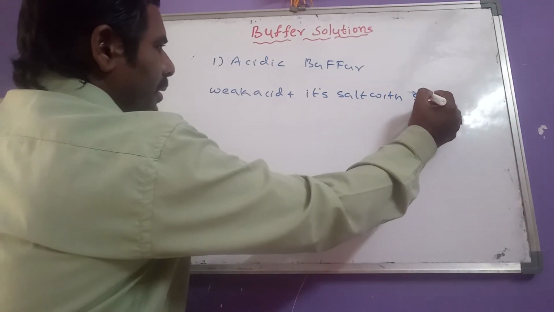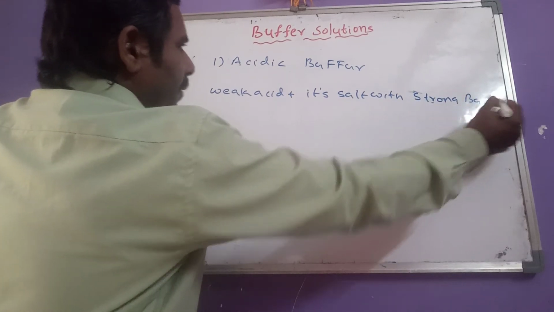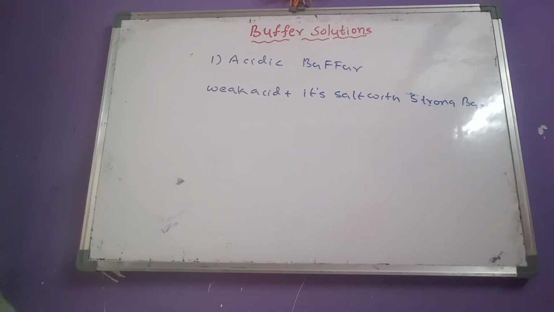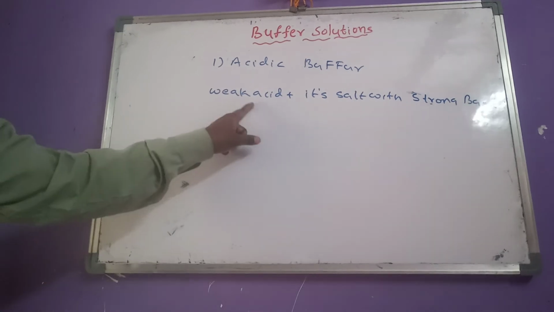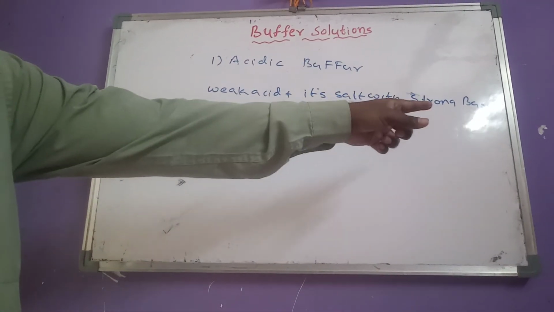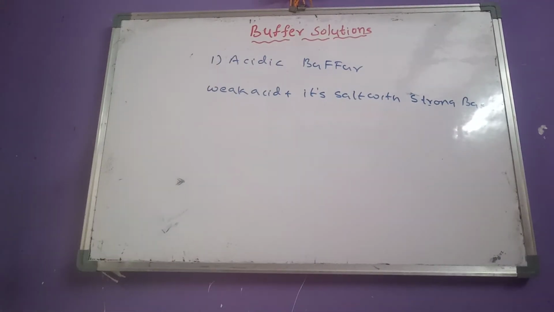Strong base. This mixture is called as which one? Acidic buffer. So I give the definition. Equimolar mixture of a weak acid and its salt formed with strong base. That mixture is said to be acidic buffer.